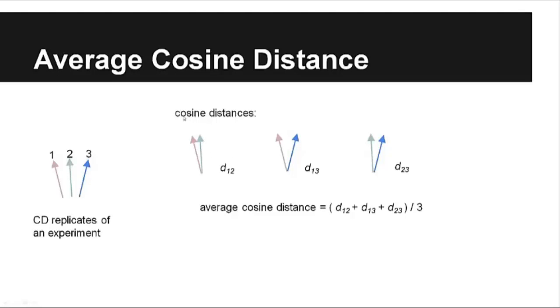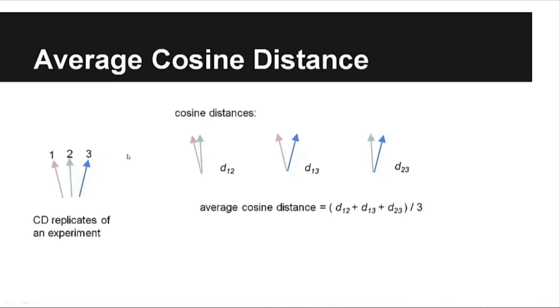So we can compute the cosine distance for each pair of these 3 CD replicates, and we get 3 distances. The average cosine distance will be all these 3 distances averaged by 3. So this average cosine distance is basically a representation of how much these CD replicates are aligned together.